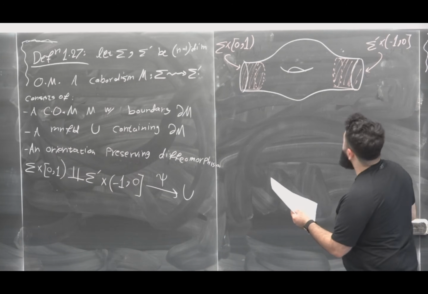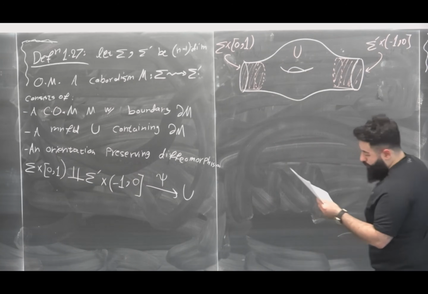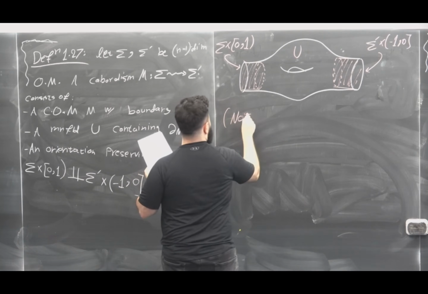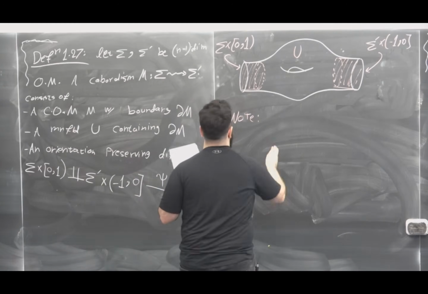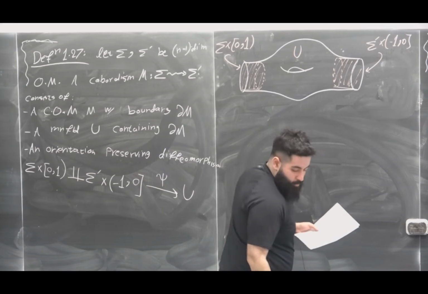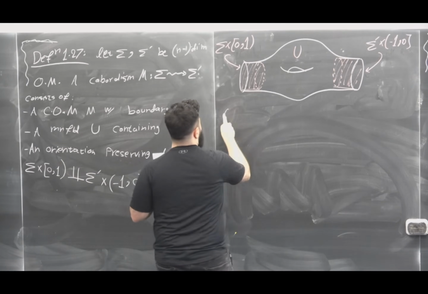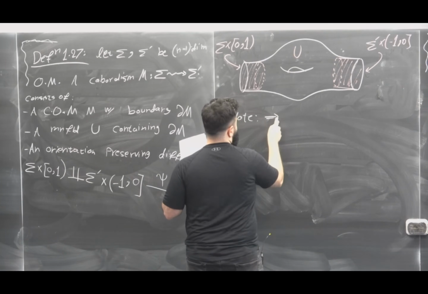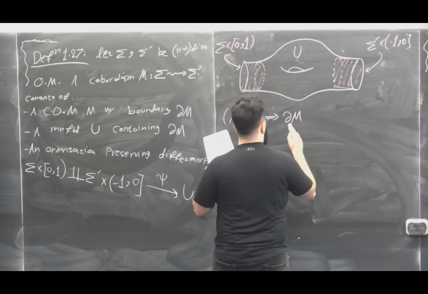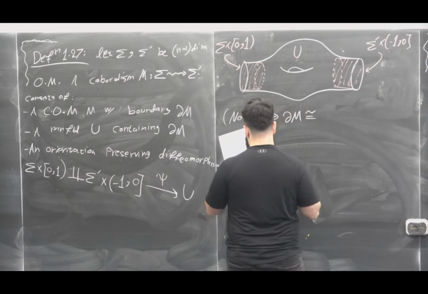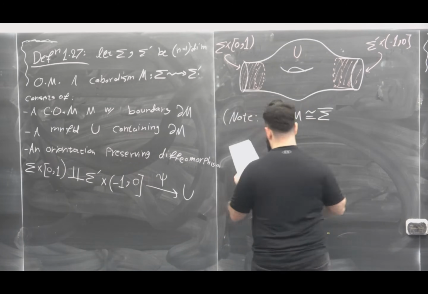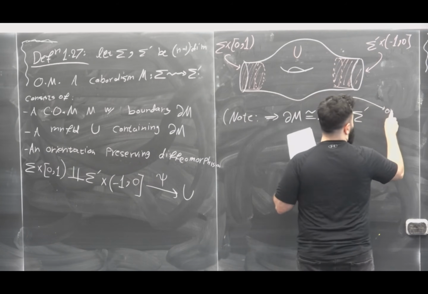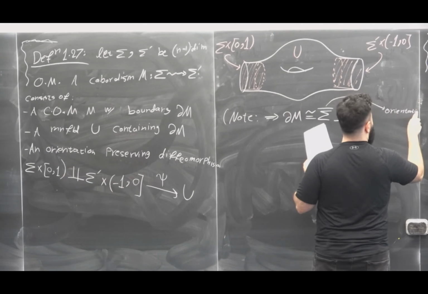And this is my U. So note that this implies that the boundary is homeomorphic to the reverse, and this is saying orientation reversing.